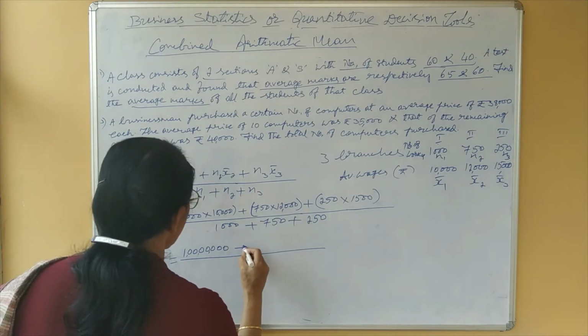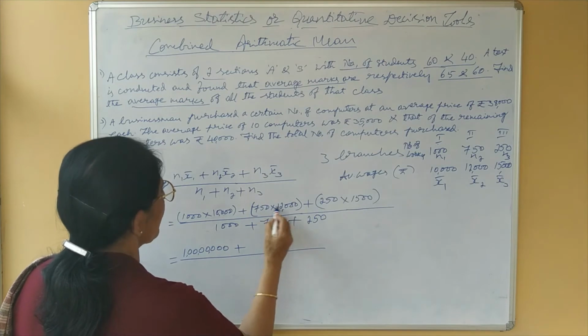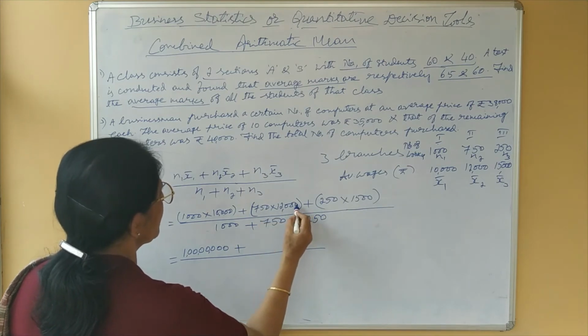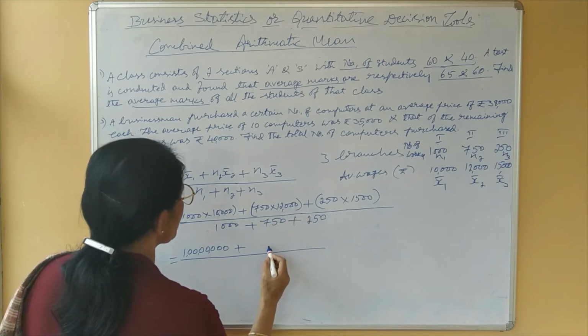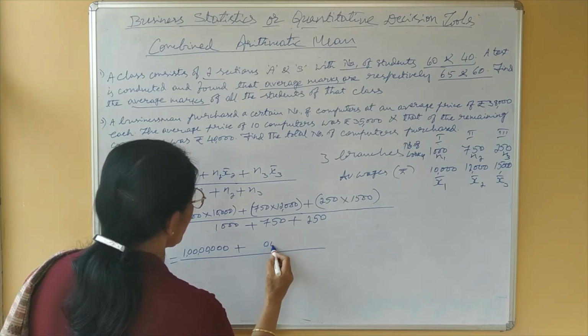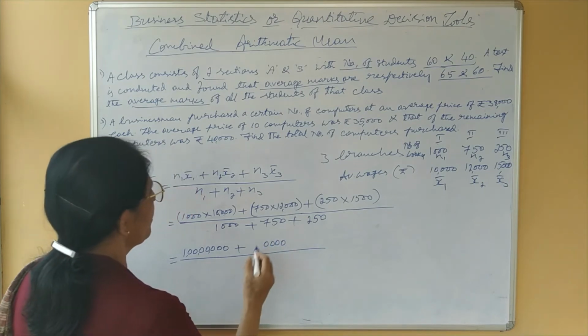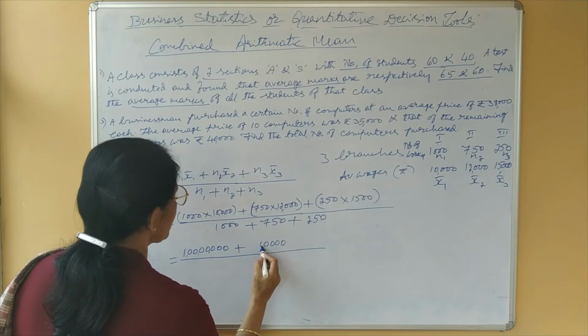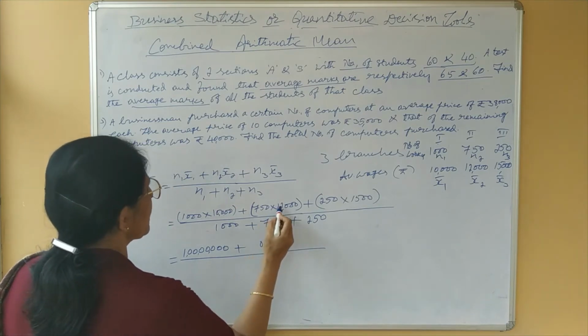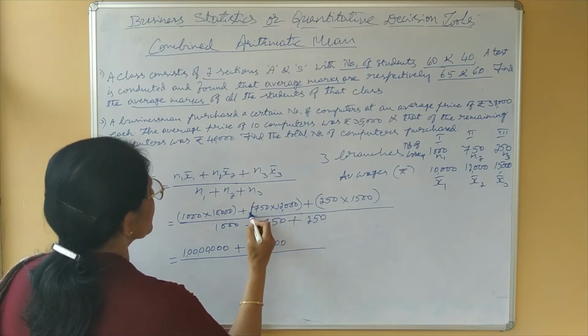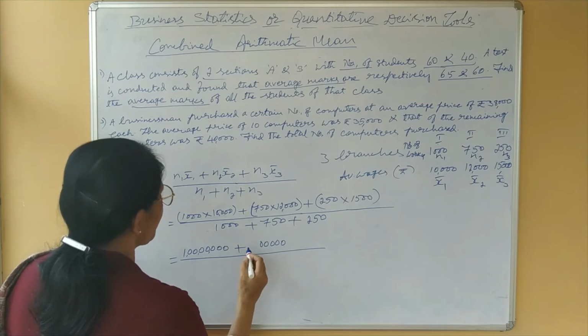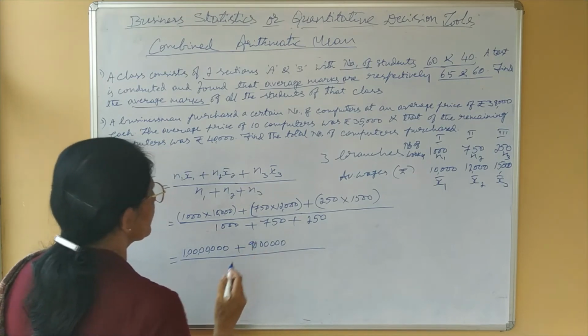Plus 750 into 12,000: how many zeros are there? 4. 1, 2, 3, 4. Now 12 5s are 60, 12 7s are 84, 90.